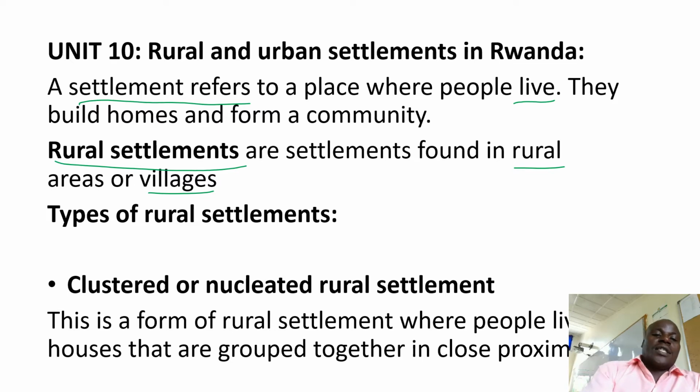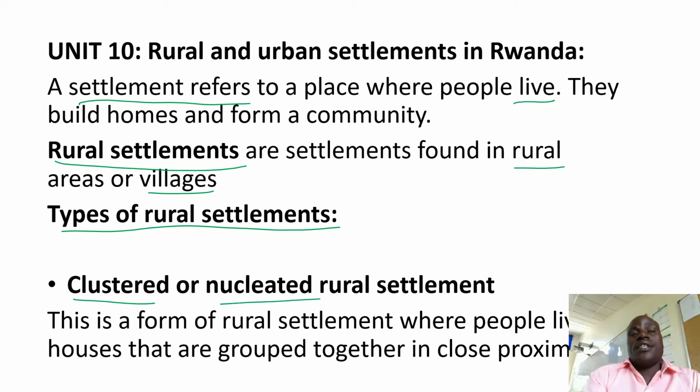Types of rural settlements we have in Rwanda. If you visit our villages in Rwanda, you find people having different types of rural settlements in their villages. Number one, you will identify clustered or nucleated settlements in rural areas.